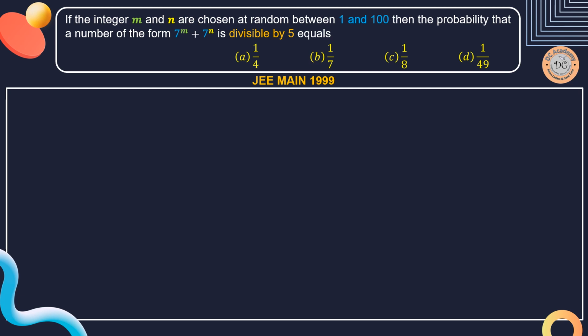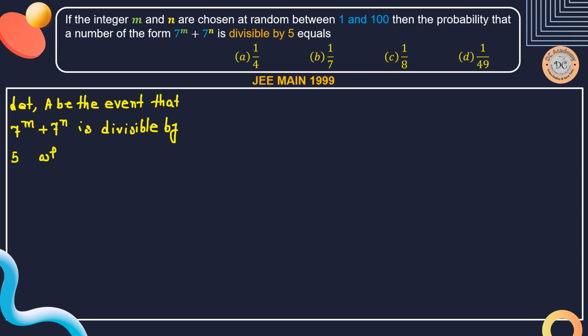So we first consider, let A be the event that 7 to the power m plus 7 to the power n is divisible by 5, where m and n belong to the set.